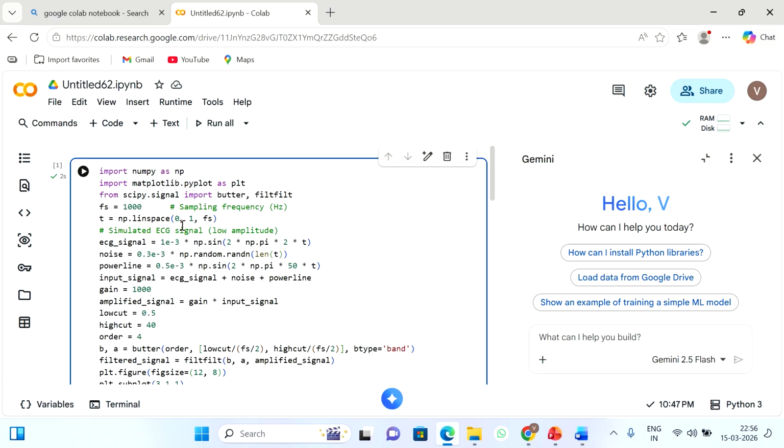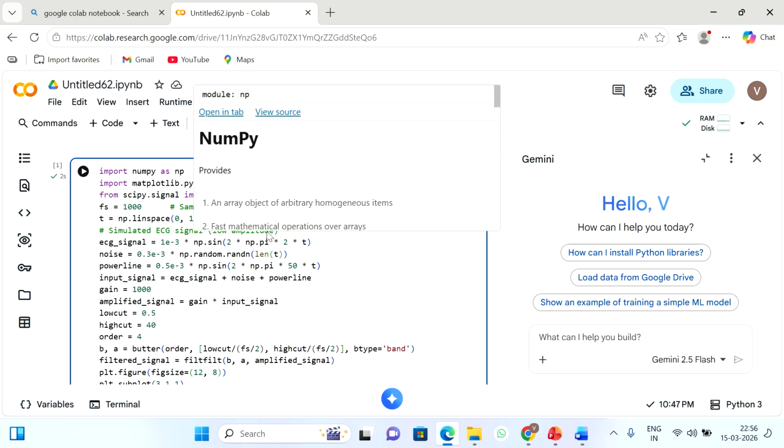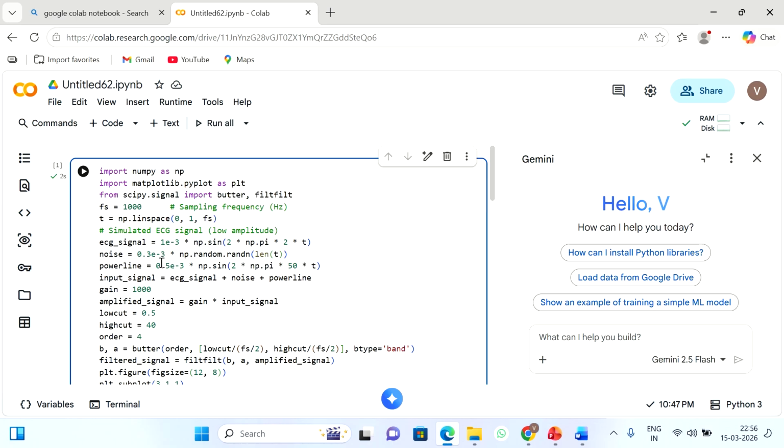So, if the sampling frequency is 1000 hertz, the same thing is applicable for the noise also. So both are common. Only thing, frequency is different. Frequency is more for noise. Otherwise, whatever the processes we are applying to ECG, the same thing is applied on the noise also.